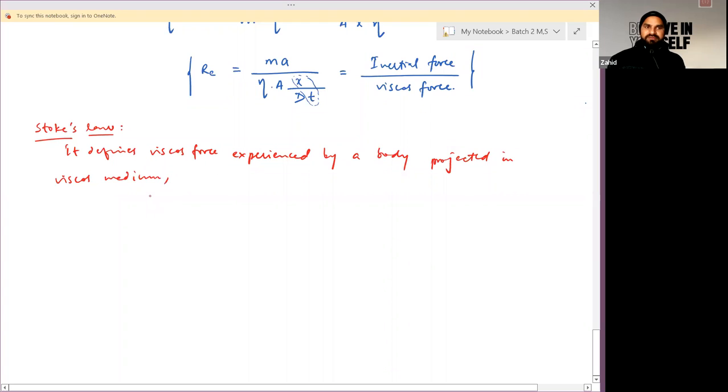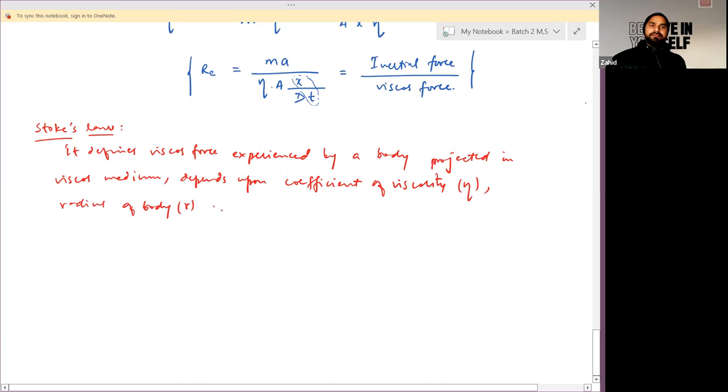It may depend upon some factors: the coefficient of viscosity, that is eta, the radius of the body, r, and the velocity of projection, v.